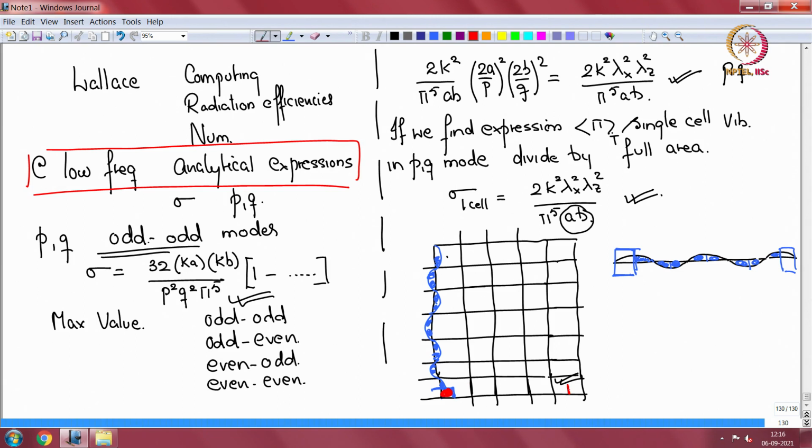I have this part here uncancelled, this part here uncancelled, this part here uncancelled. So, that is how these 4 quarters amount to one cell.